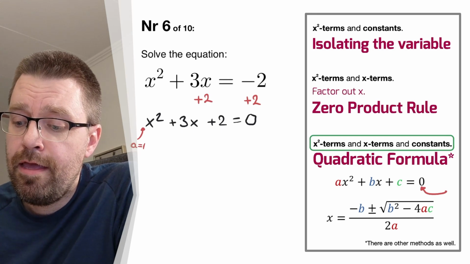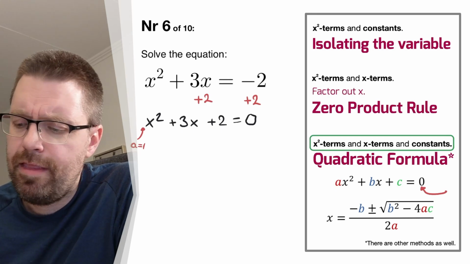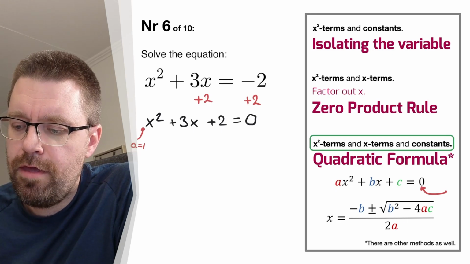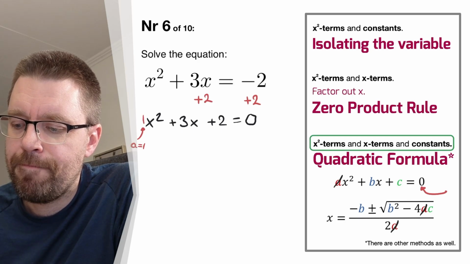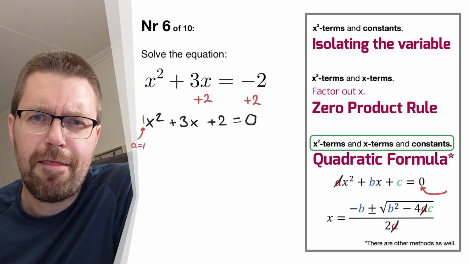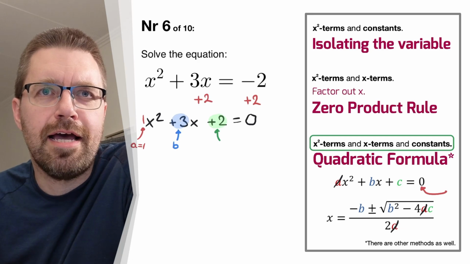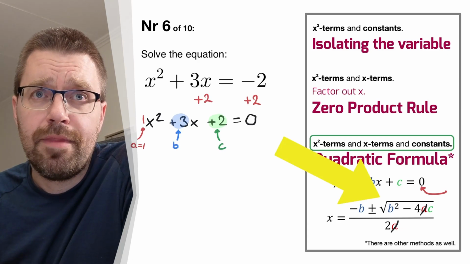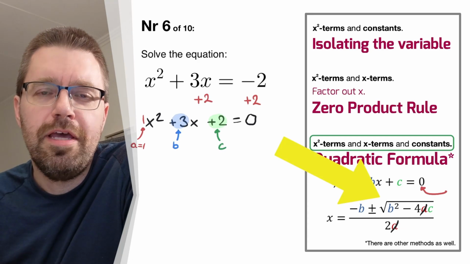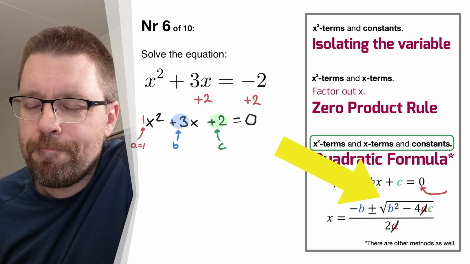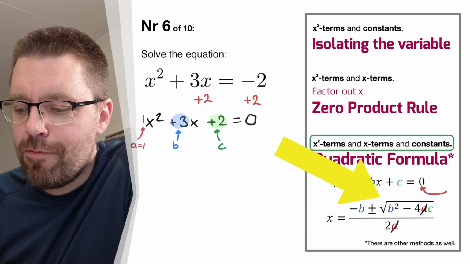And if a equals 1, then we can cancel out the a's in the formula like this. I know, of course, that b equals 3 and c equals 2 in the formula. And then follow the yellow arrow.